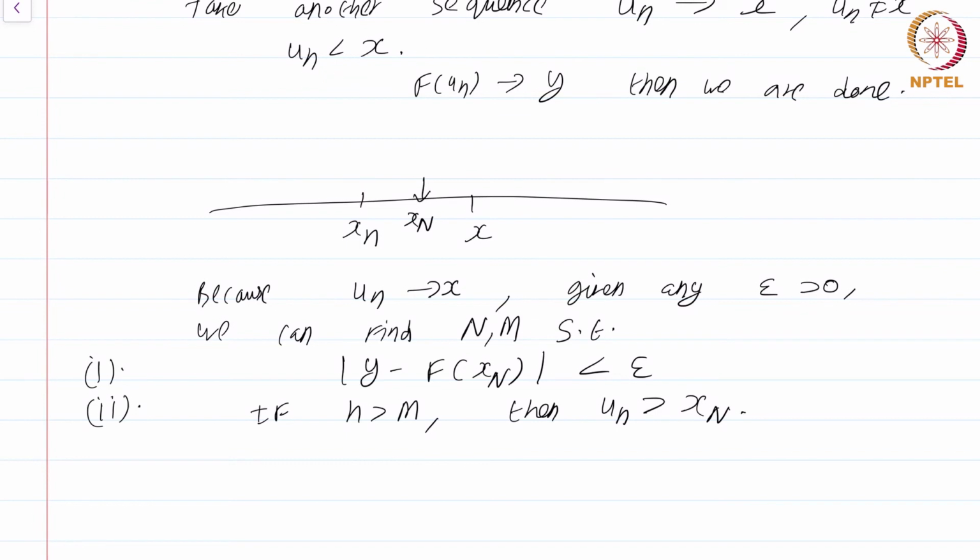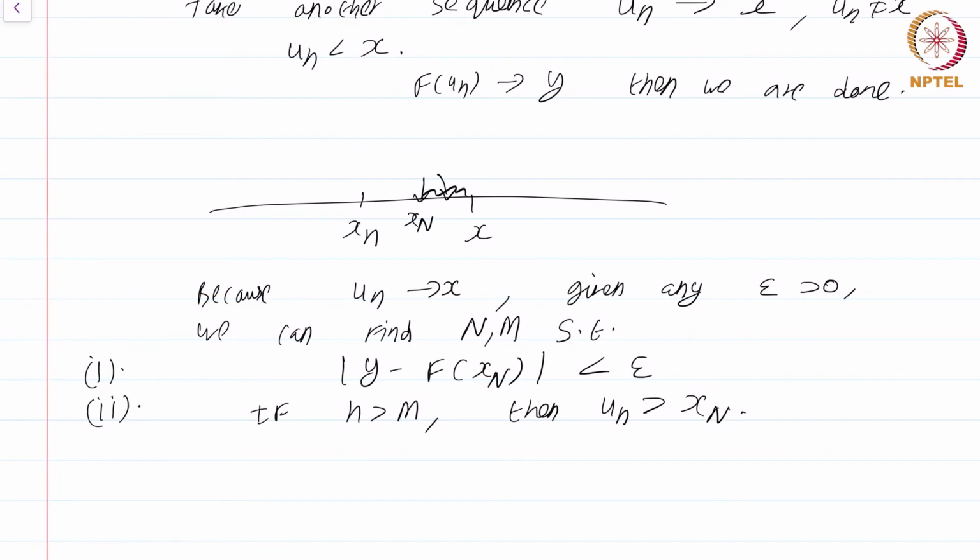Well, why can I guarantee this? Because xn converges to x. Because xn converges to x, there is a suitably large capital M such that if small n is greater than capital M, then xn must lie in this interval. So there is some finite distance between xn and x.